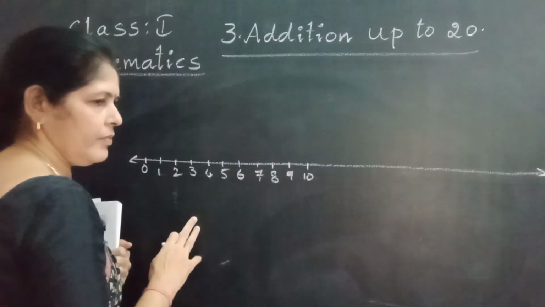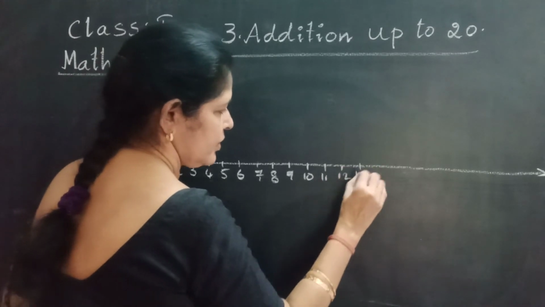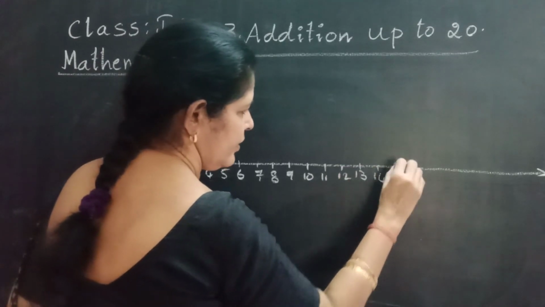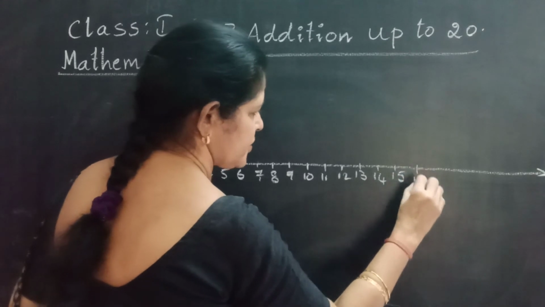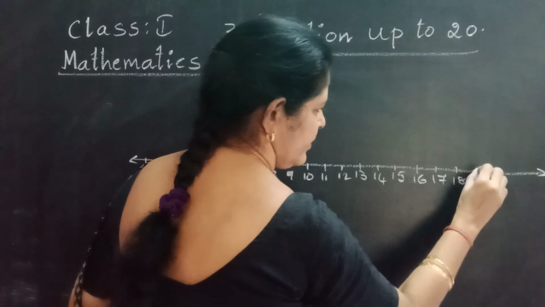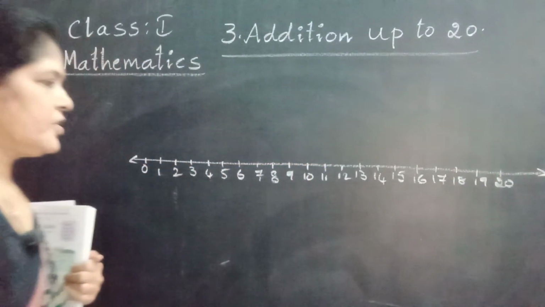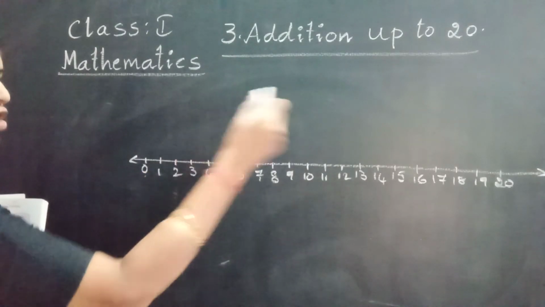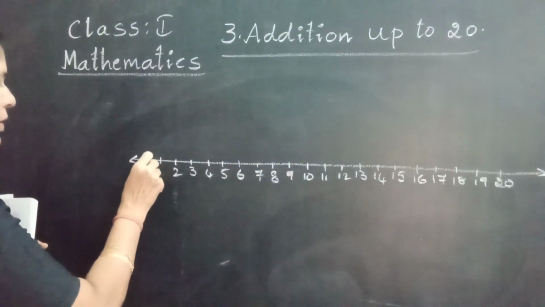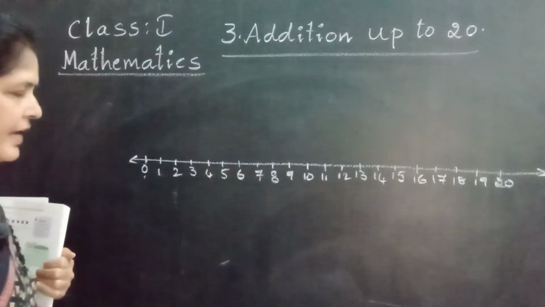We didn't miss any number. 11, 12, 13, 14, 15, 16, 17, 18, 19, 20. This is the number line from 0 to 20. The number line begins with 0, ending with 20.